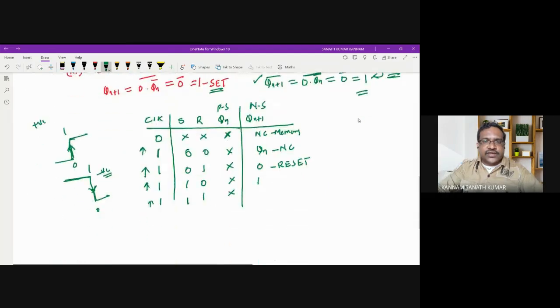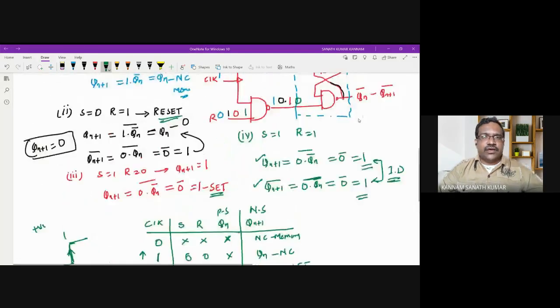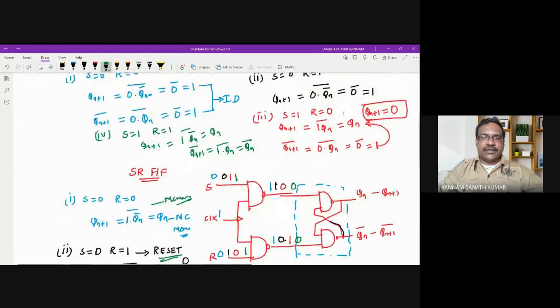And when S equal to 1 and R equal to 1, we can consider this as don't care, that is indeterminate state. So like this, you can get the truth table for the flip flop by analyzing this circuit.